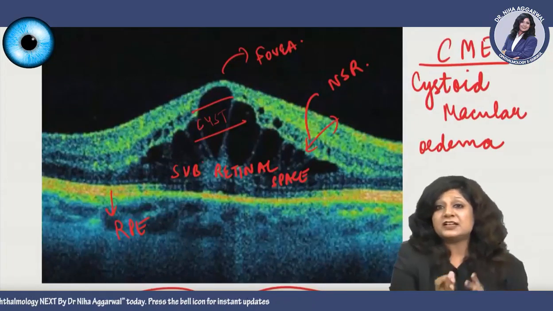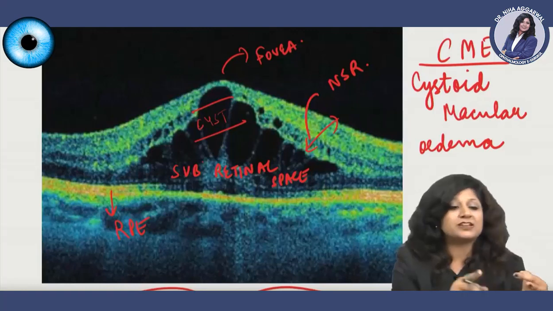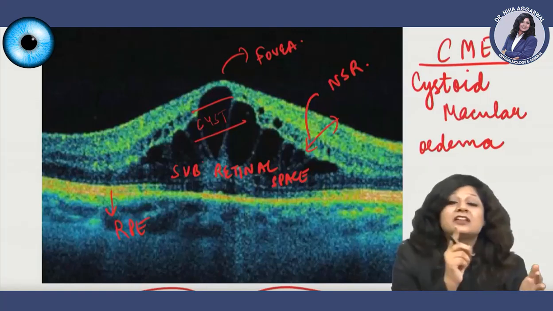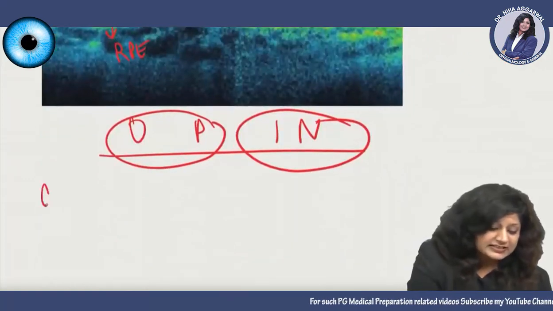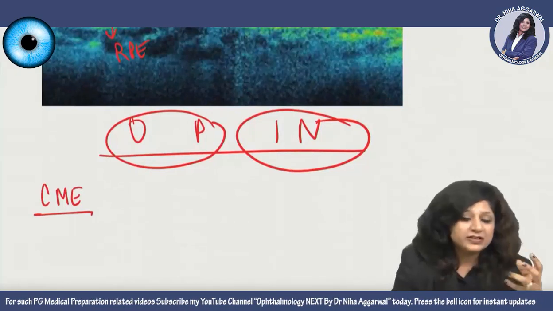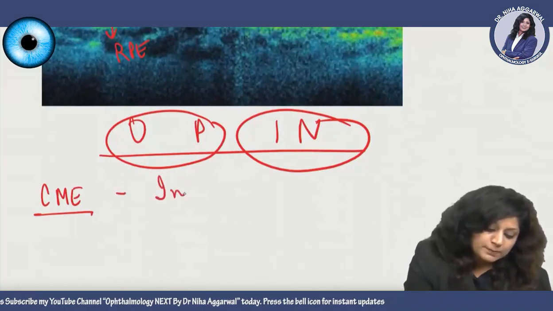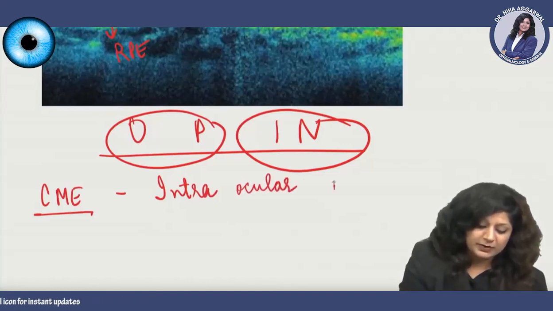Now, what is the etiology? CSR: male, 50 years of age, type A personality, then stress, smoking and steroids. Now, what is occurring in CME? Here you have edema. Edema is due to inflammation, so basically it is due to intraocular inflammation.